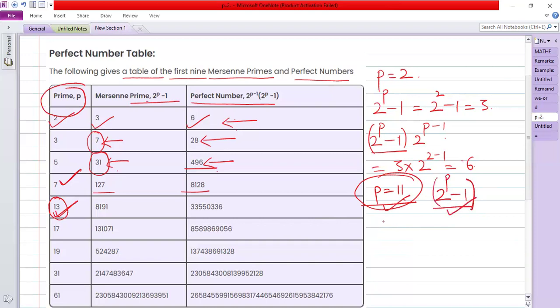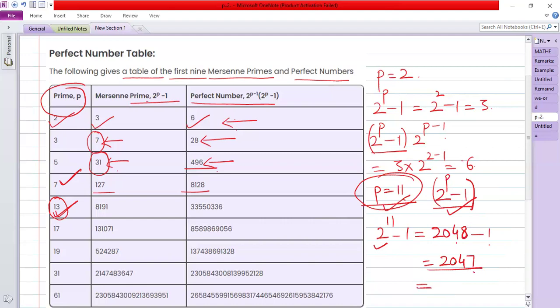If you put p equal to 11, 2 raised to power 11 is 2048, and minus 1, it is 2047.